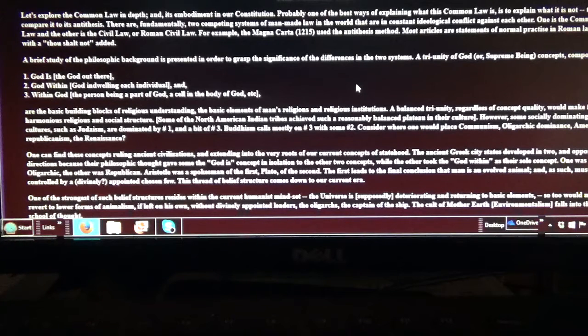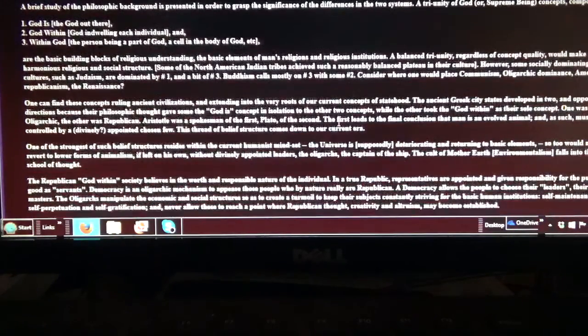One can find these concepts ruling ancient civilizations and extending into the very roots of our current concept of statehood. The ancient Greek city-states developed in two opposing directions because their philosophical thought gave some the God is concept in isolation to the other two concepts, while the other took the God within as their sole concept.